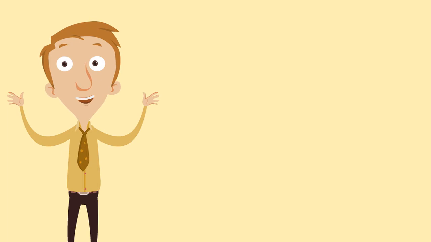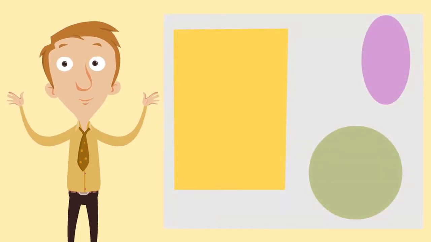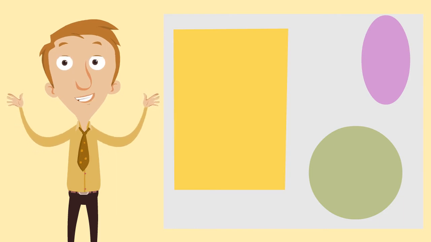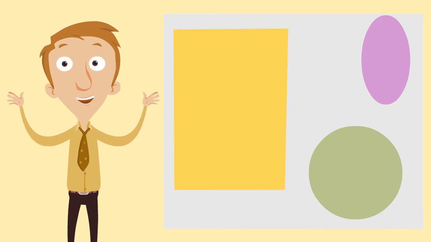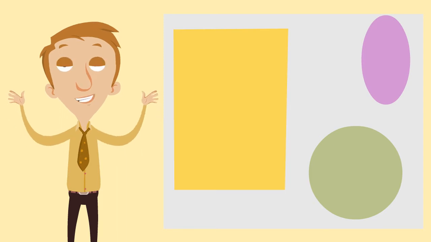Well, there is a simple way. When we are drawing anything, we need to think about the different 2D and 3D shapes that are in the object we want to draw. We need to figure out what the outline of the basic shapes are first before we add any specific detail.